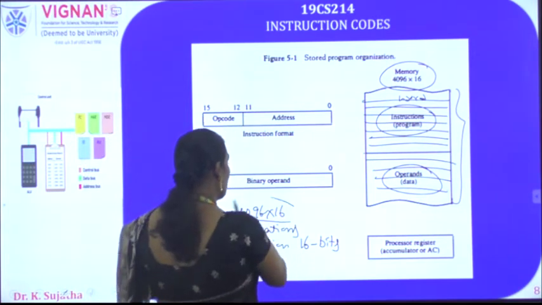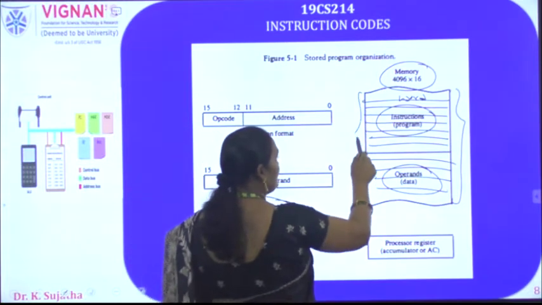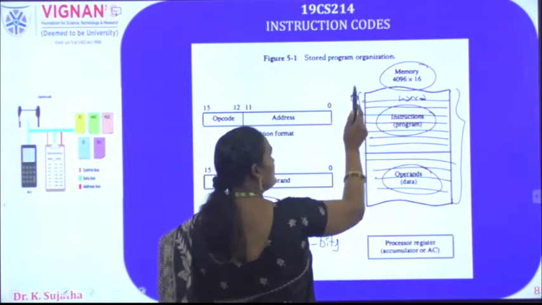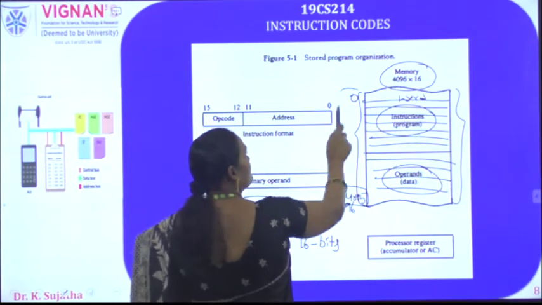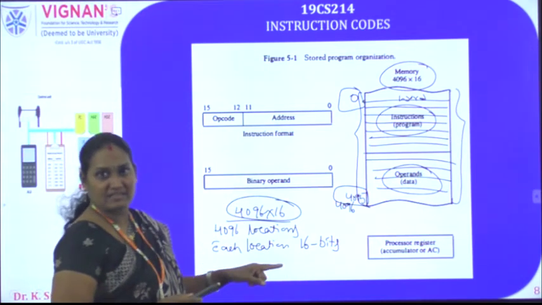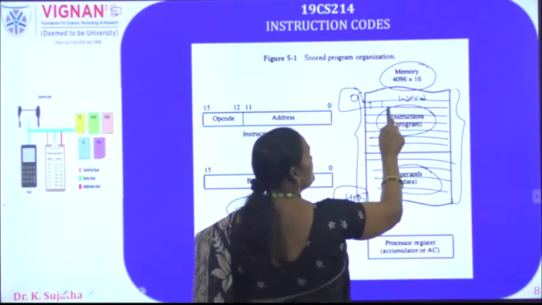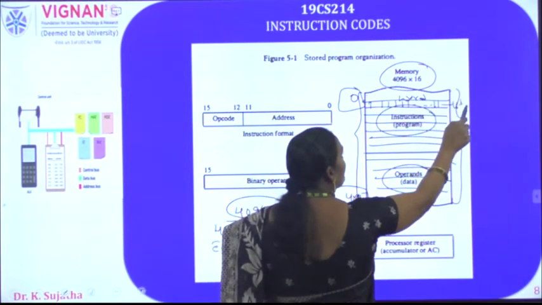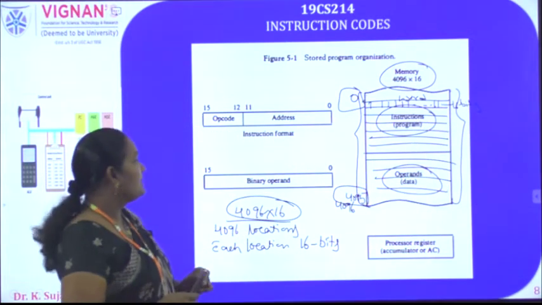Now, this memory size is 4096 by 16, which means it has a total of 4096 locations, that is 0 to 4095, and each location can hold 16 bits of data.